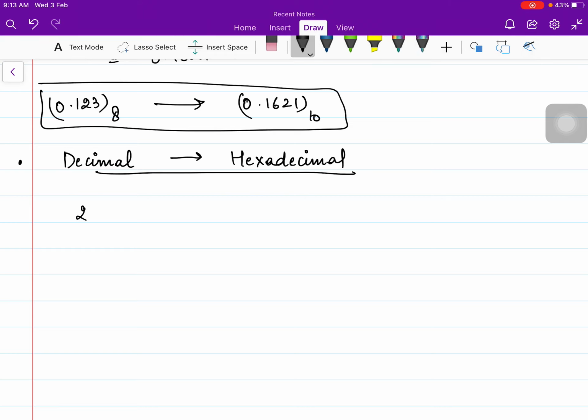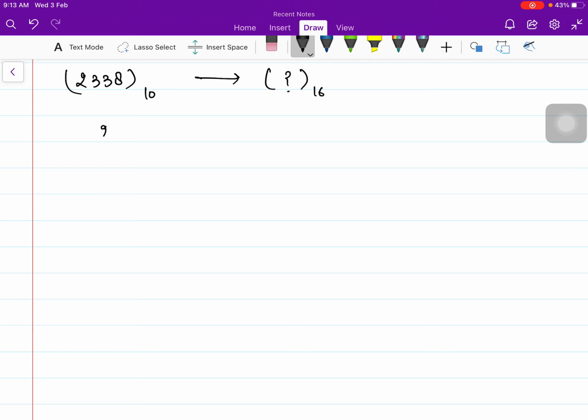So the question is 2338 in decimal, convert it into hexadecimal. Now 2338, you will divide it by 16 this time. 16 ones are 16, 73, then 16 fours are 64, 9 8, 6 are 96, remainder is 2. 16 9s are 144, remainder again 2.